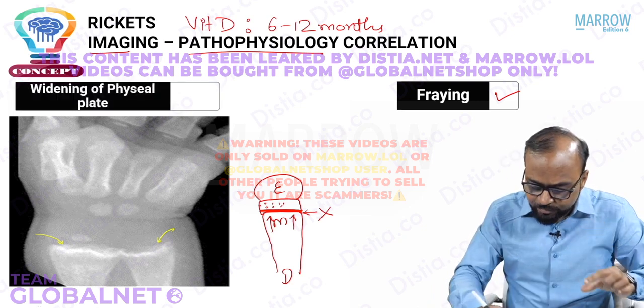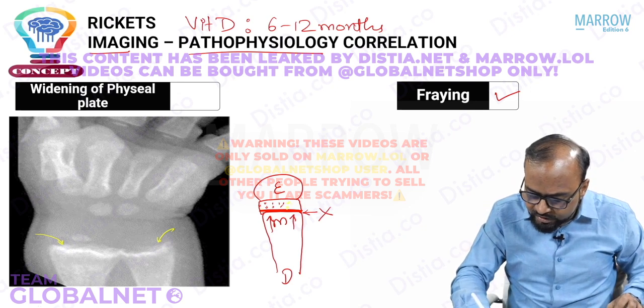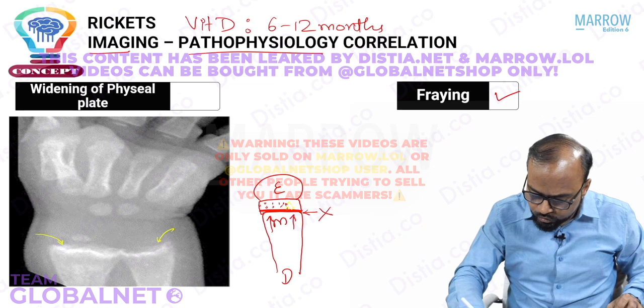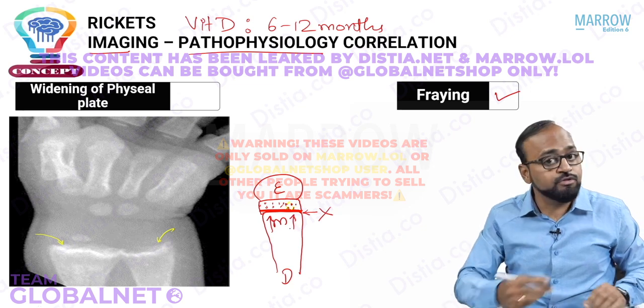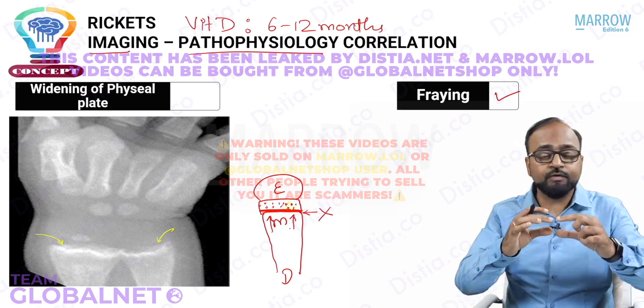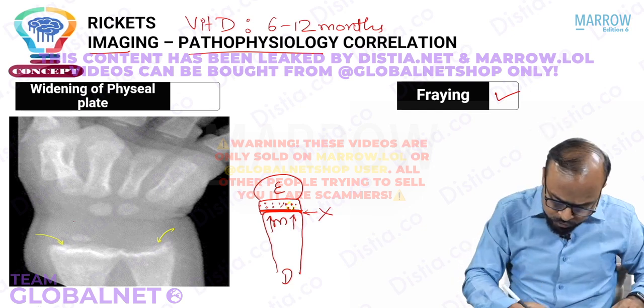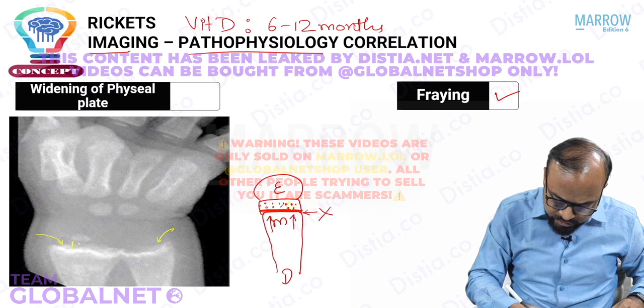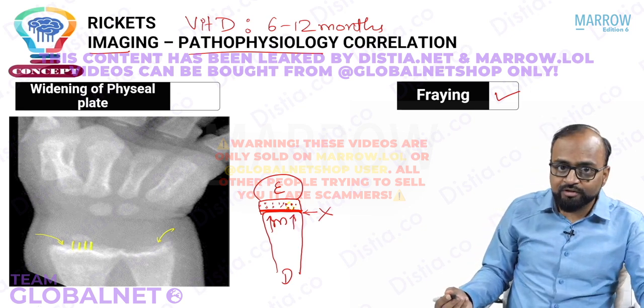Now the physeal plate of cartilage, because this cartilage is not getting converted, not getting incorporated into the metaphysis, not getting calcified, enlarges. So this physeal plate of cartilage here is relatively wider now as compared to what it normally should have been.